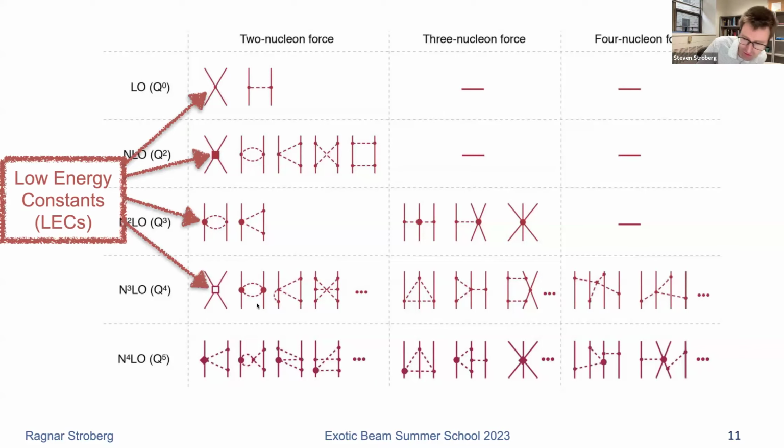And an important feature here is that once you pull out all of the physical mass scales, the low energy constants should be dimensionless numbers of order 1, so that even if you don't fit them, you have some idea of, say, if you only work to Q cubed, so that's next to leading order, you have some idea of the size of what's missing.